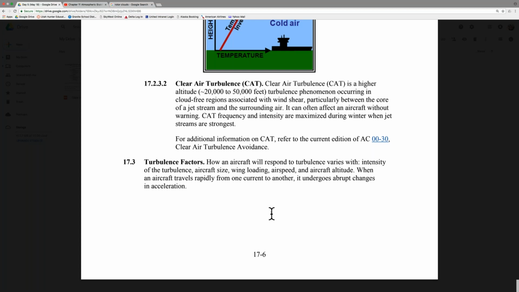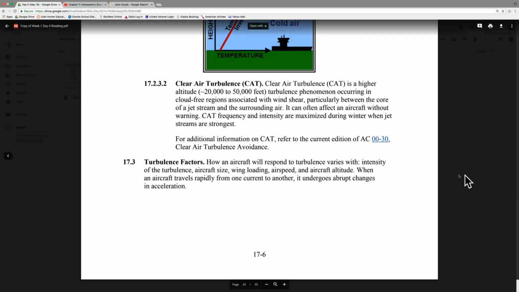So when we're looking at turbulence reports, we want to make sure that we're associating turbulence with the proper aircraft and taking it into consideration. Severe turbulence to a Cessna 182 is going to feel like light chop to a CRJ. That's how the difference is going to translate most of the time.